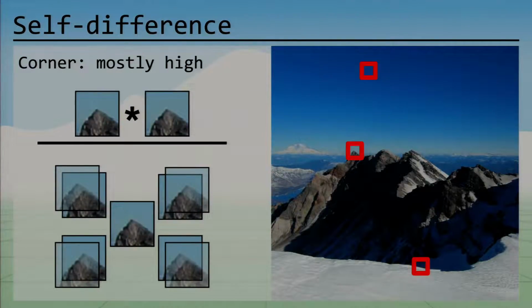Again, corners, we have this cool property where when you shift this corner in any direction, you're going to have one edge. Since you have these two edges coming together, you're always going to have one edge that is shifted off of another edge, and you're going to have some large component of self-difference right away.